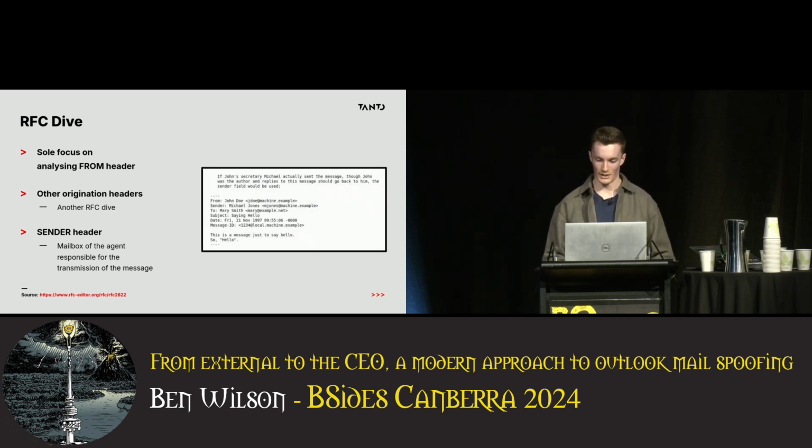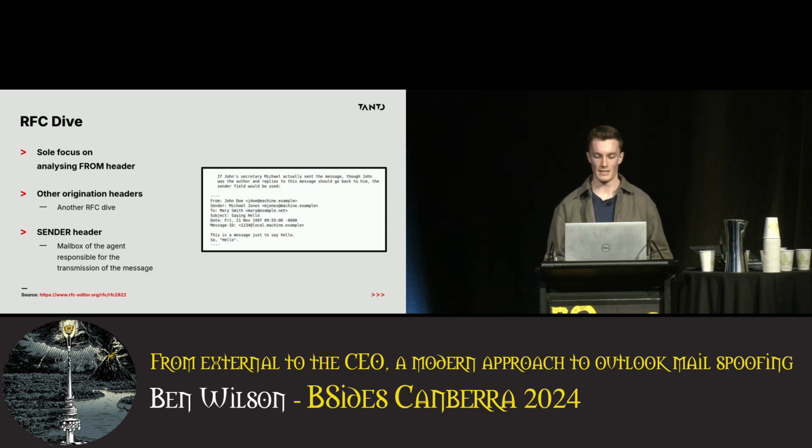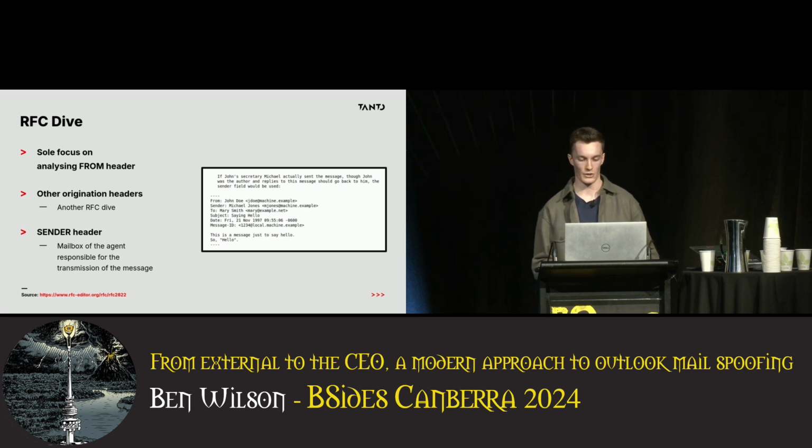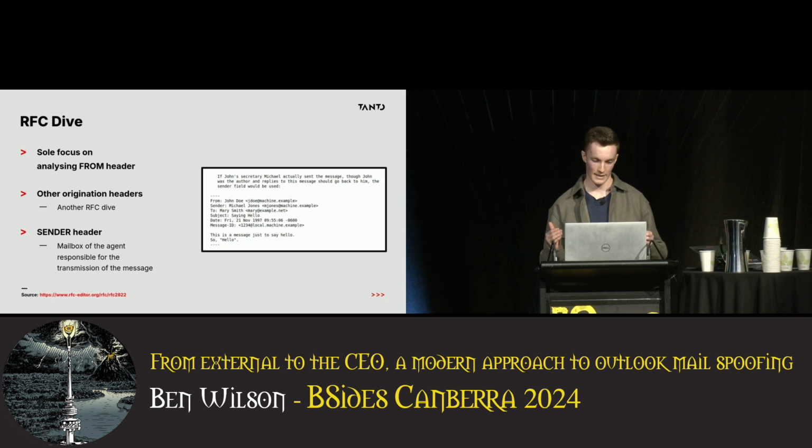But to explain it best, the RFC does provide a nice little diagram. Say we've got John Doe, who might be an executive, and Michael Jones, who might be John's secretary. John writes a message, but he doesn't actually want to send that email himself because he's got a secretary to do that for him.